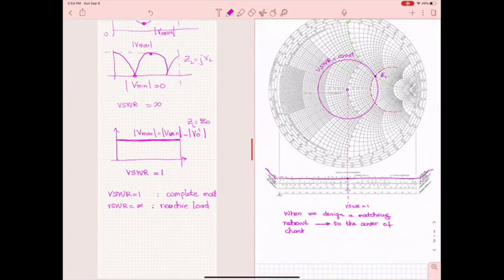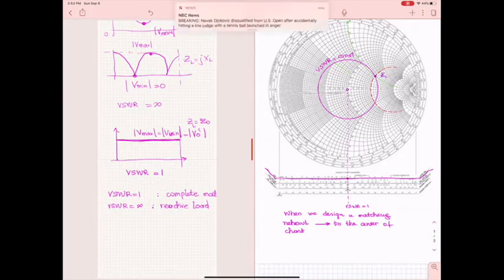You can only move along those three circles. Whenever you move on the VSWR circle, it implies that you are moving along the line. Whenever you are moving on the resistive circle, that means that you are changing your resistance.